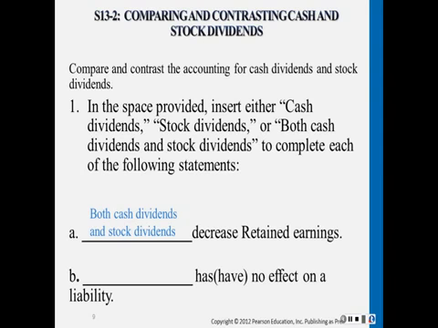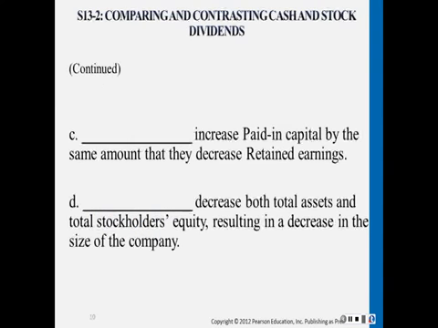A. Both cash dividends and stock dividends decrease retained earnings. B. Stock dividends have no effect on a liability. C. Stock dividends increase paid-in capital by the same amount that they decrease retained earnings.